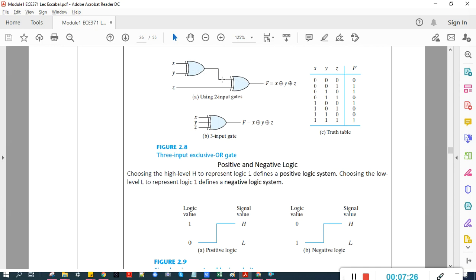Try to check if the result is going to be the same as the 3-input gate. For the 3-input gate, it is just using only one exclusive OR gate, but with 3 inputs instead of 2.